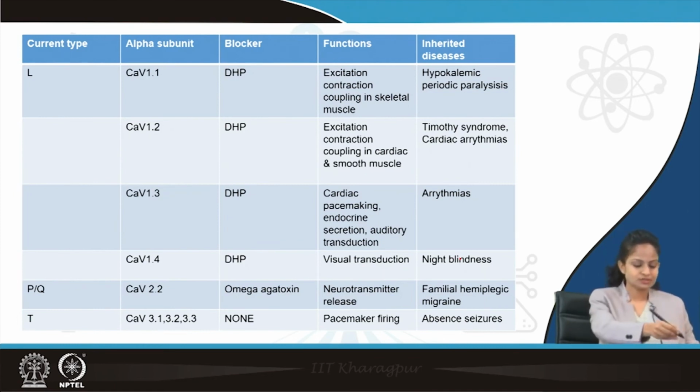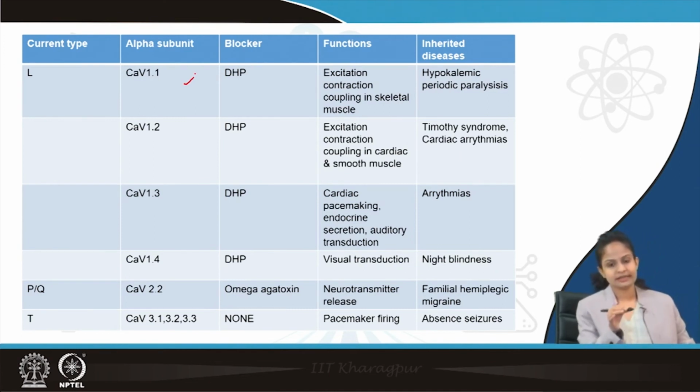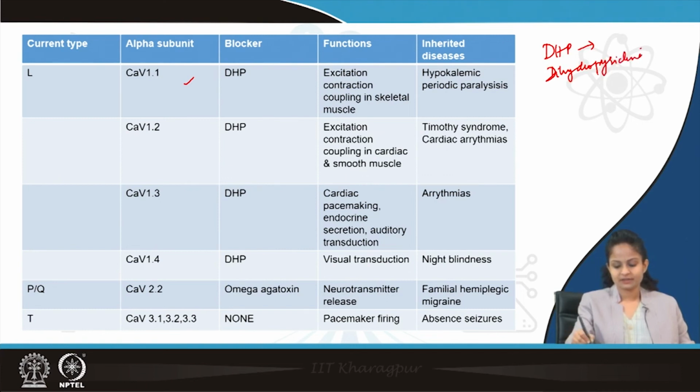So, this is the table which is depicting L type, as we have already seen 1.1, 1.2, 1.3, 1.4. These channels I had already told you, they are L type of calcium channels, and the blocker for this calcium channel is nothing but DHP, or dihydropyridine. The very famous dihydropyridine blocker drug is known as amlodipine.